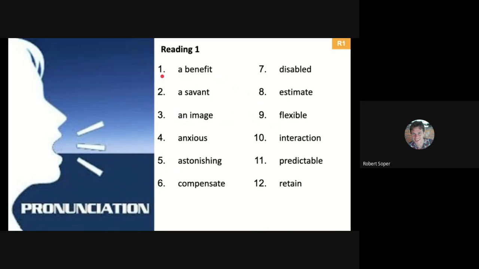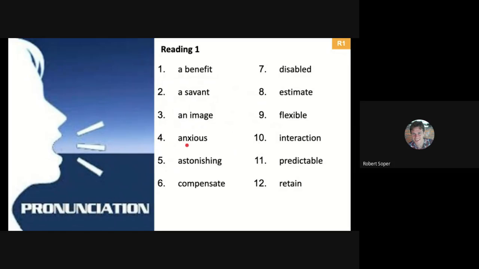So number 1, a benefit. Number 2, a savant. Number 3, an image.